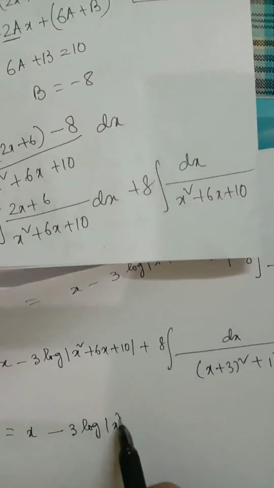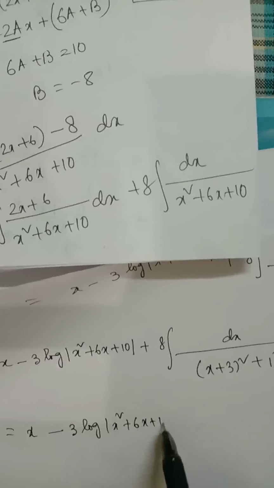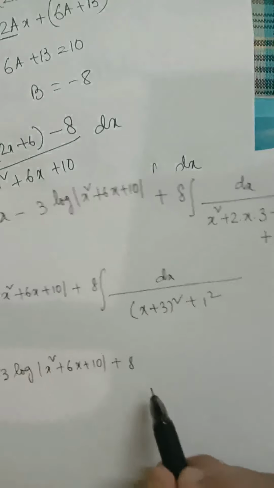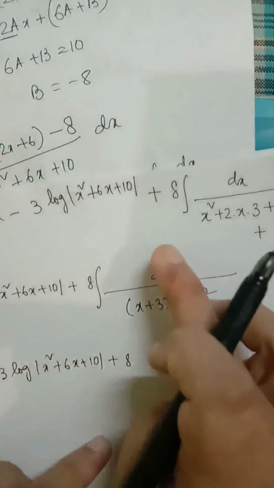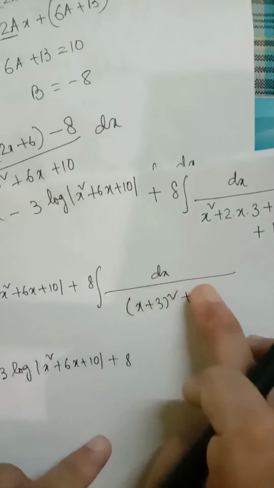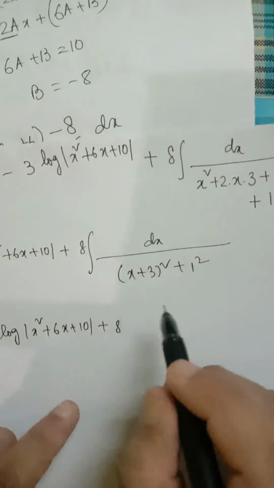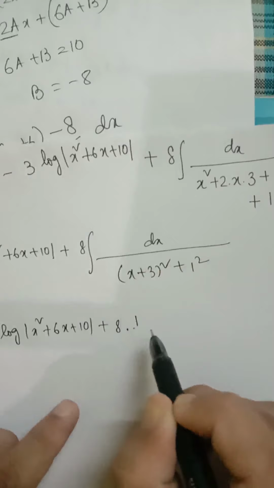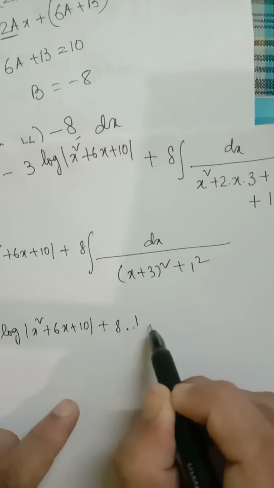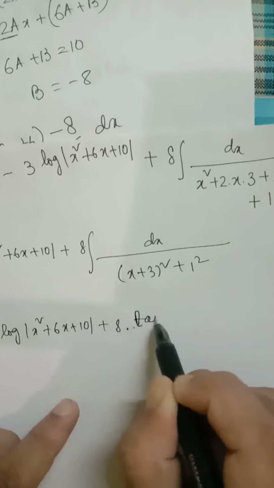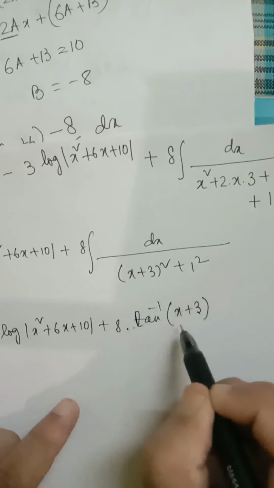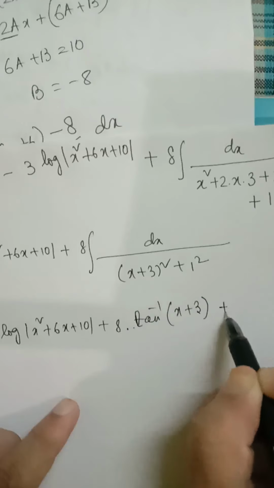x square plus 6x plus 10, plus 8 into, now this integral is of the form dx by (x square plus a square). So it will be 1 by a, 1 by a means 1 by 1, so 1 tan inverse of x by a, x plus 3 by 1 is x plus 3.